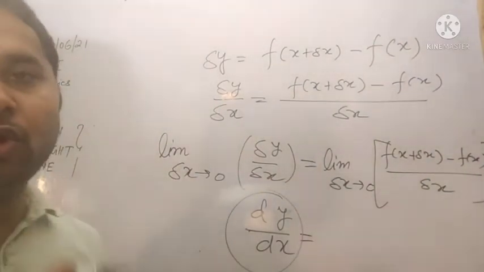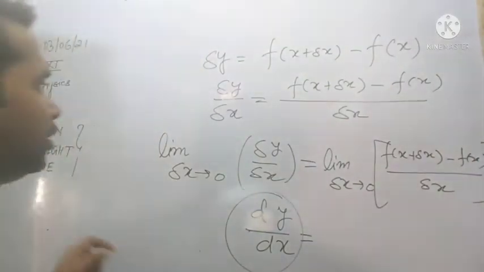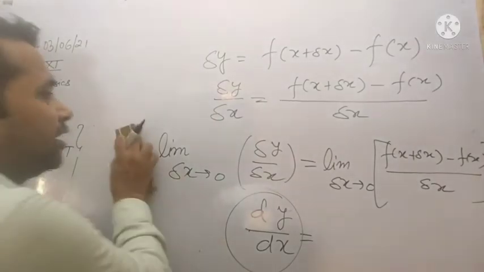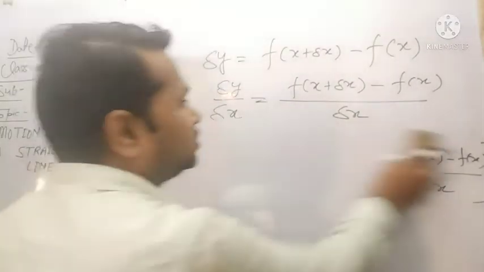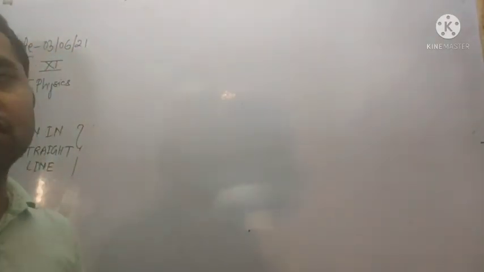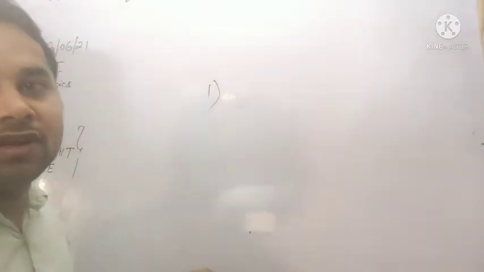So this is the actual meaning of differentiation. इस चैप्टर में मुझे इस फॉर्मूले को कंप्लीट इस तरह से एक्सप्रेस नहीं करना है, just we have to use the general formula for the differentiation.